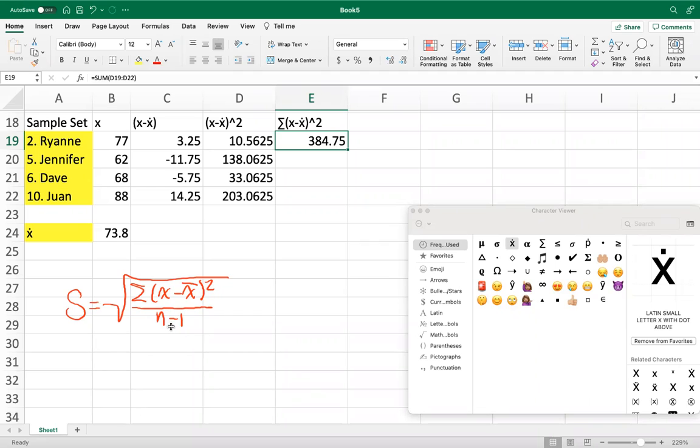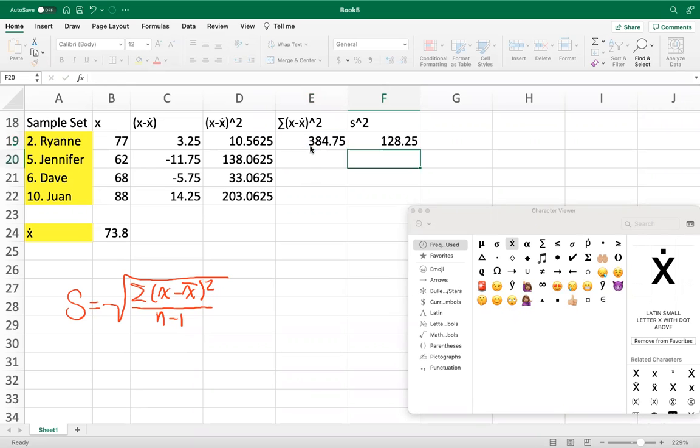Next, we're going to divide it by n minus 1. So that's going to be s squared, before we take the square root of these values. And this is going to equal this value divided by n minus 1. So n in this case is 4, so 4 minus 1. There we go, 128.